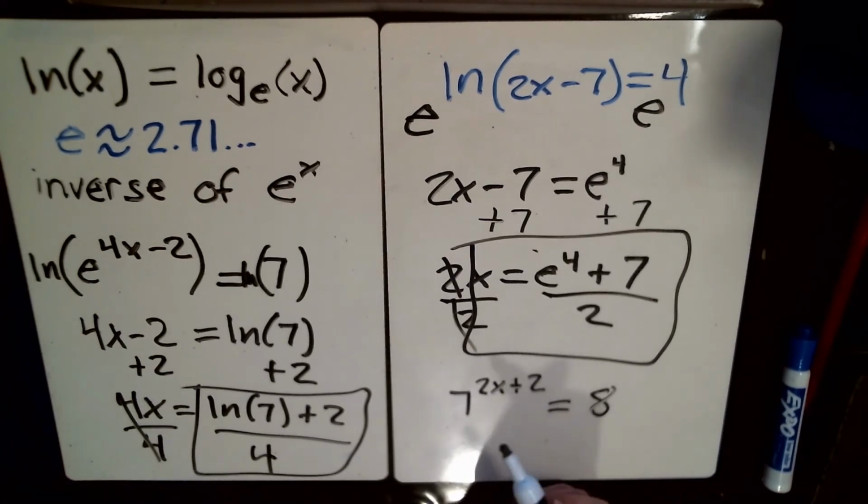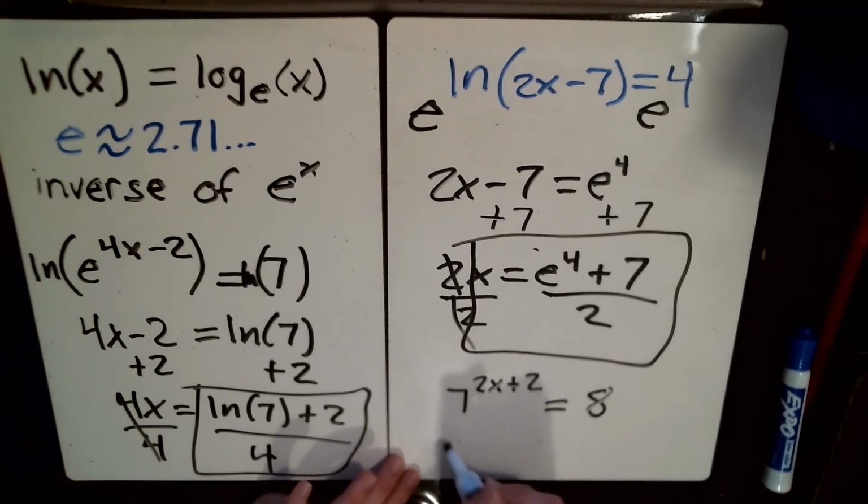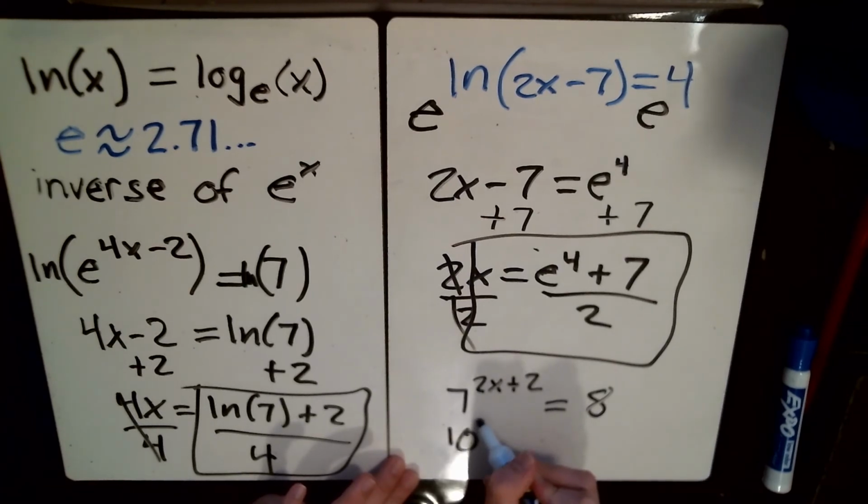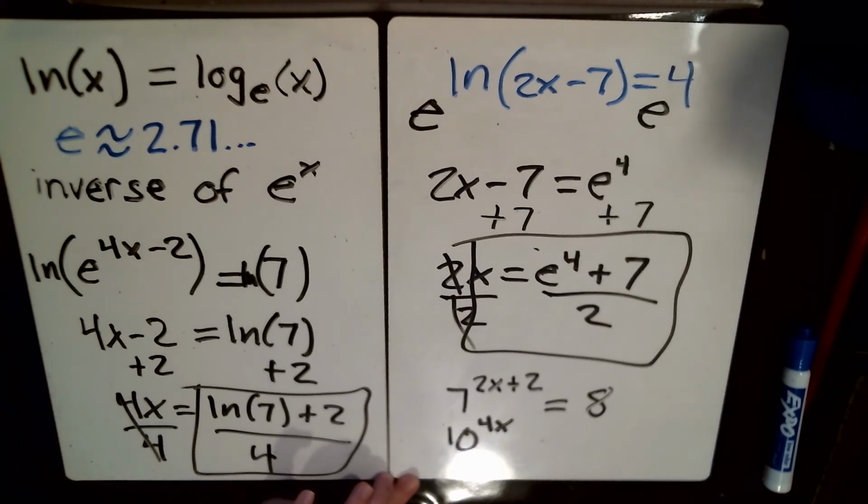So in that case, you're not going to need ln or log, but you're going to need log base 7. You only use log without a base written when you have something like 10 raised to the 4x, because log is log base 10. You only use ln if you have e raised to some power.